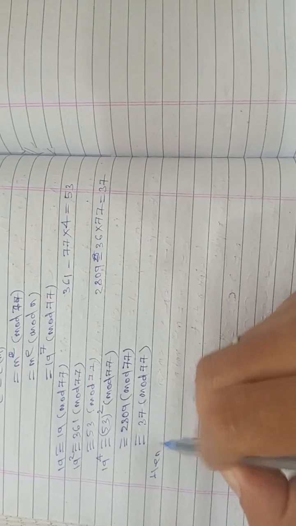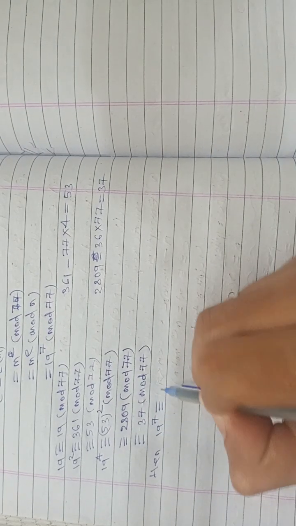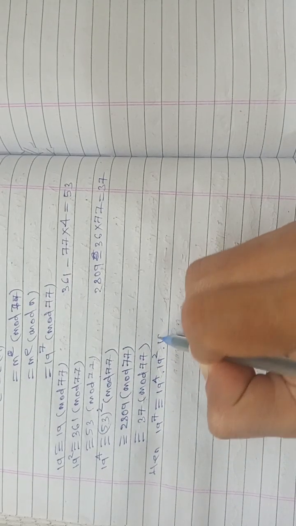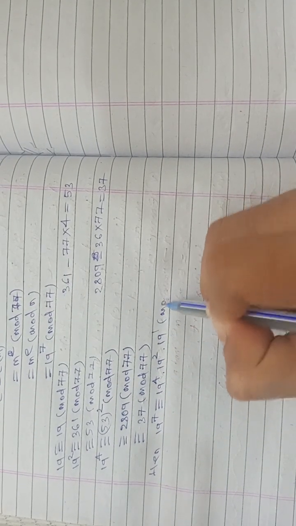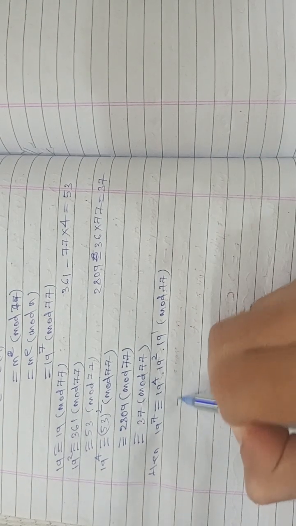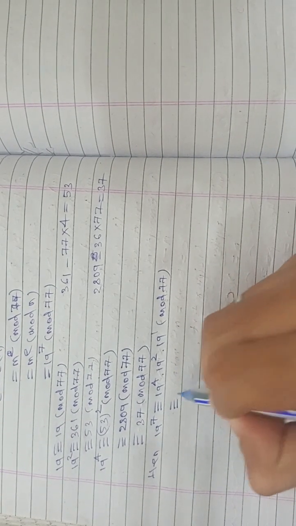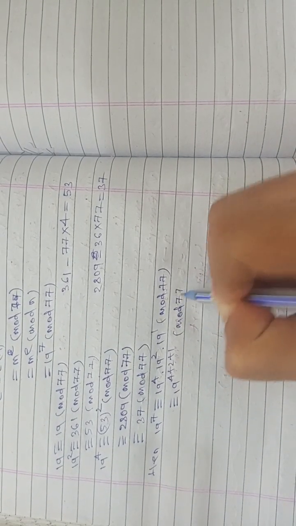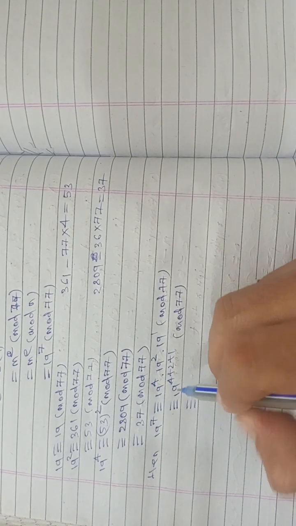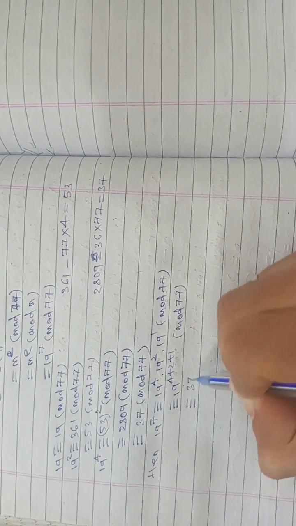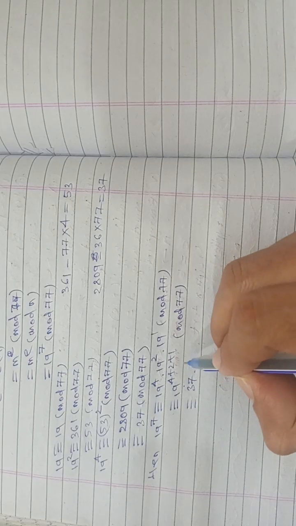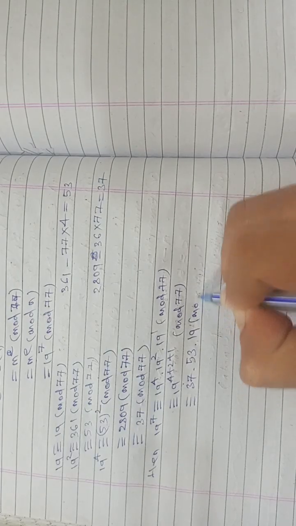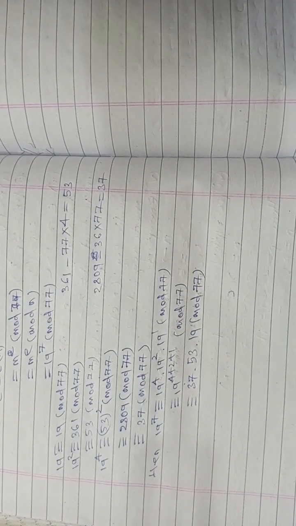Then 19 to the power 7 will be 19 to the power 4 into 19 squared into 19 to the power 1 mod 77. That is 37 into 53 into 19 mod 77.